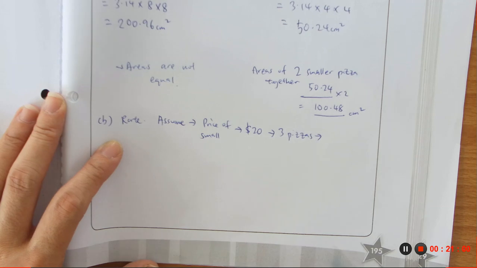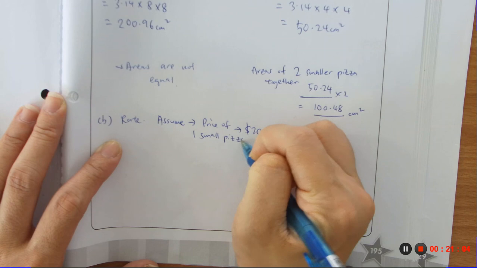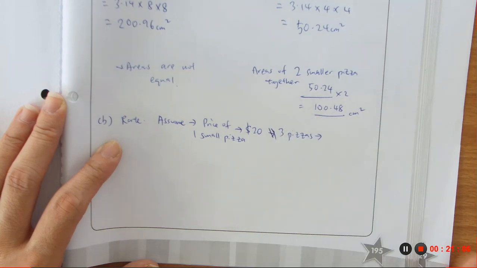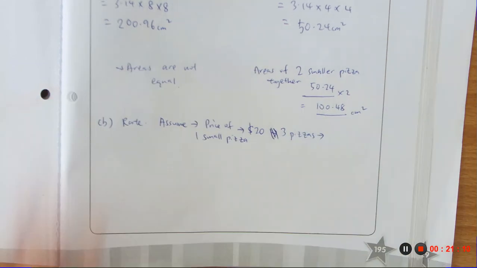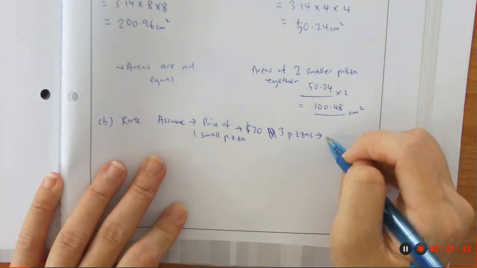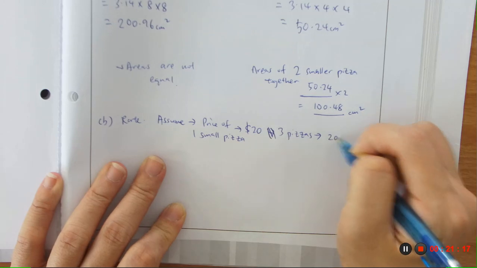The price of one small pizza will be $20. So if I look at it, 3 pizzas will be $60. So I'm assuming that one pizza is $20, so 3 pizzas will be 20 times 3, that will be $60.